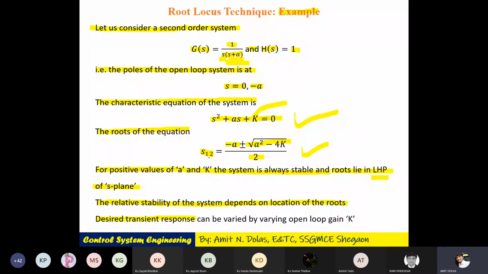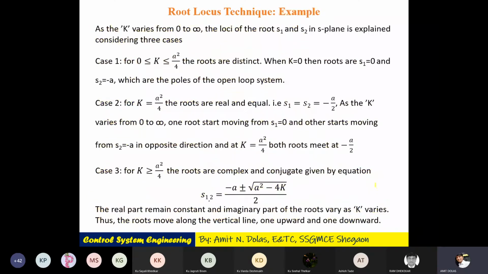Desired transient response can be varied by varying open loop gain. We'll see what the transient response is, that you know always, of course. So it can be varied by varying open loop gain k. As open loop gain k varies from 0 to infinity, the loci of roots S1 and S2, these are the poles, in the S plane is explained considering three cases.